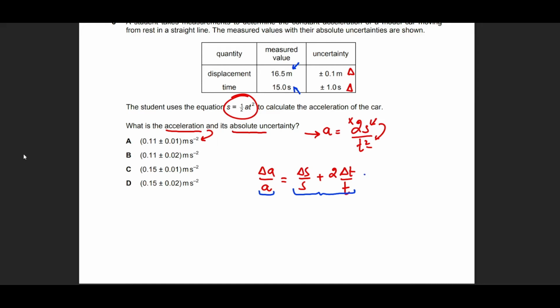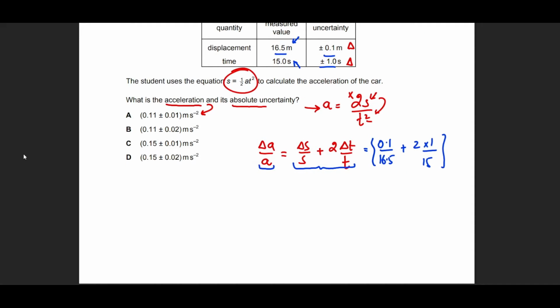So let's put in the values over here. So this is delta S over S. So this would be 0.1 divided by 16.5 plus 2 times 1 divided by 15 seconds, right? Now this is our error function, or you can say fractional uncertainty.